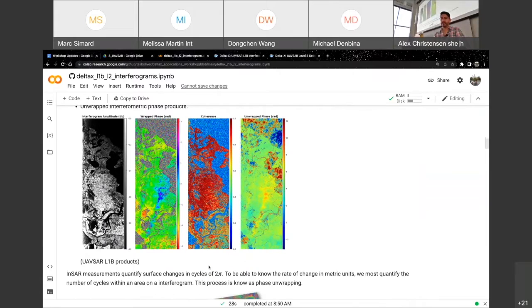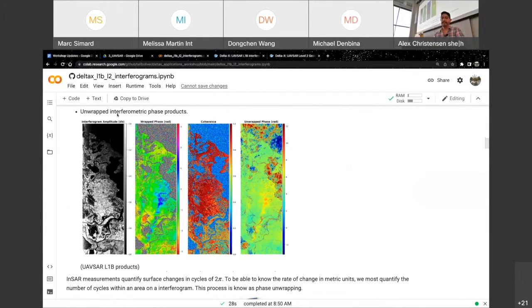This is how the interferograms look. The amplitude shows us the backscatter. It's not used for the processing, but it's useful because, since it's black and white and related to backscatter, it's very useful to locate yourself, to know where the interferogram is having signal of some type or feature, so that you can visually orient yourself, but it's not used for the processing.